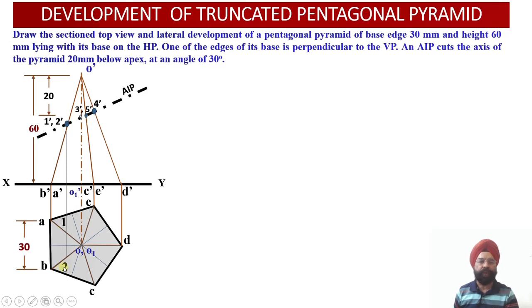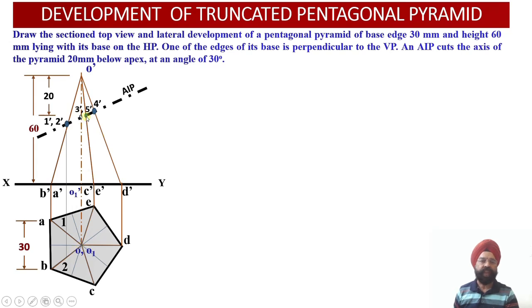So point 1 lies on the slant edge OA, while point 2 lies on the slant generator OB.